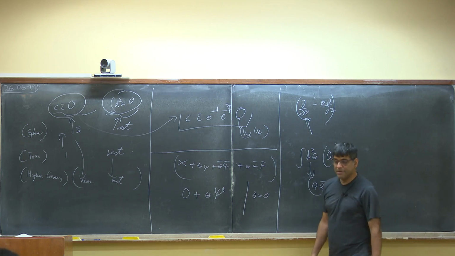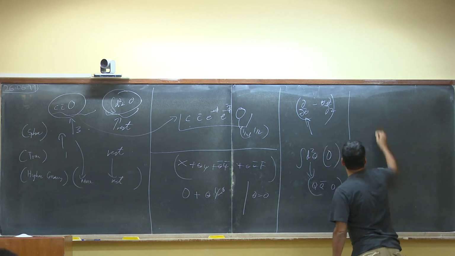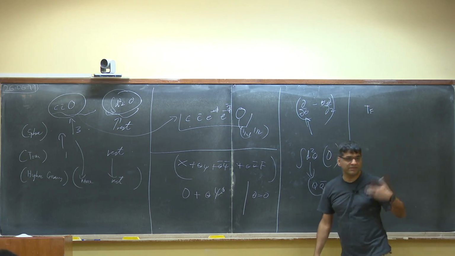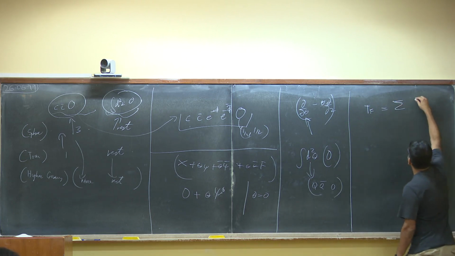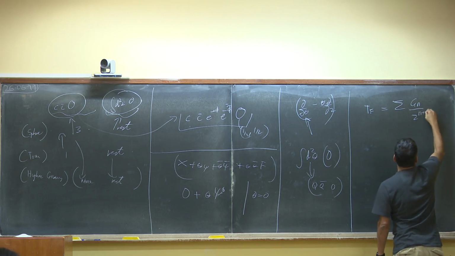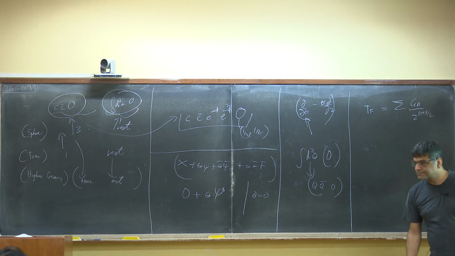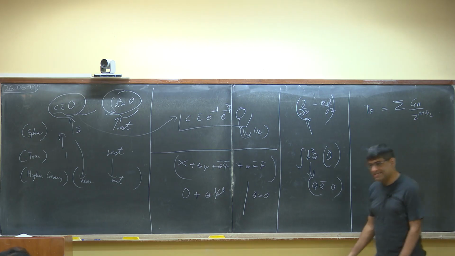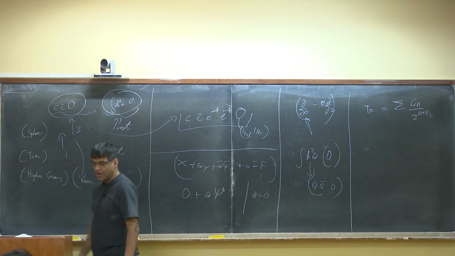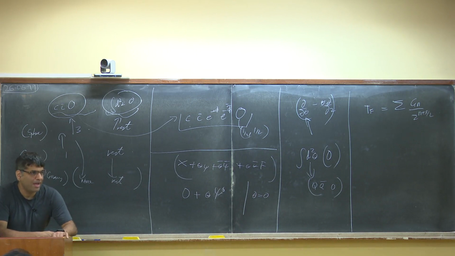Now you might remember that we had this TF, the superpartner of the stress tensor, which was expanded as a sum over n of Gn by z to the power n plus 3 by 2. Our n's were either integer moded or half integer moded, depending on whether we are in the Ramond or the NS sector.